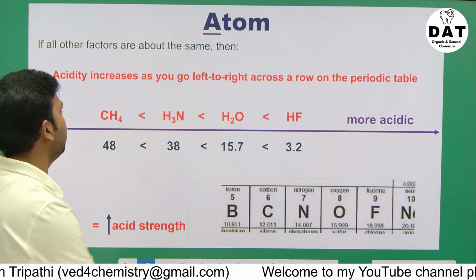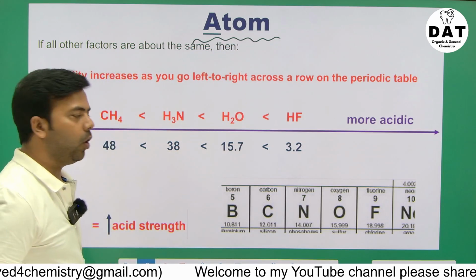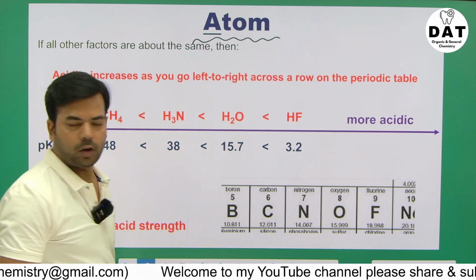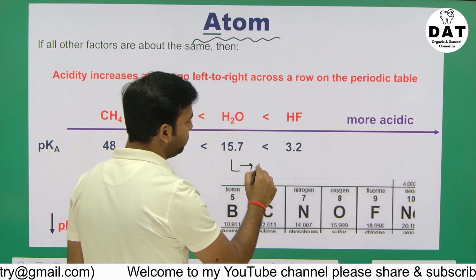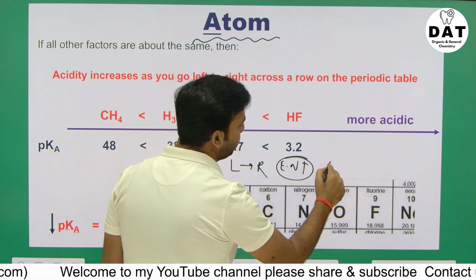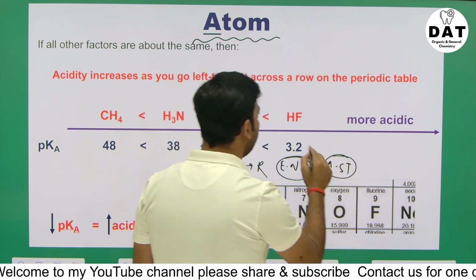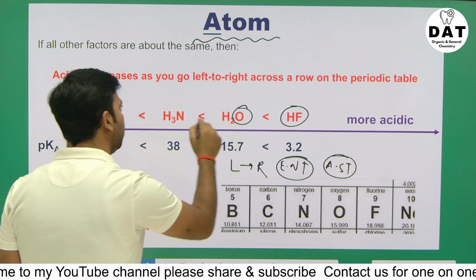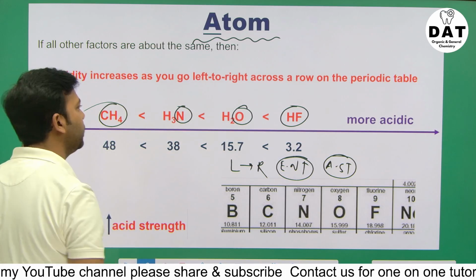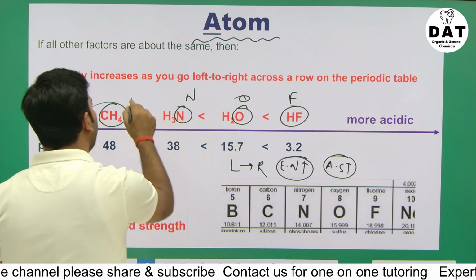Now the next is atom. In the periodic table, we all know if you are moving left to right, electronegativity increases and acidic strength also increases. That's why fluorine is more acidic than oxygen, than nitrogen, than carbon, because this is fluorine, here oxygen, here nitrogen, and here we have carbon.